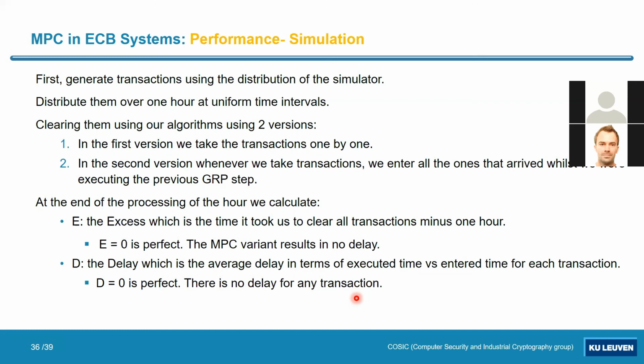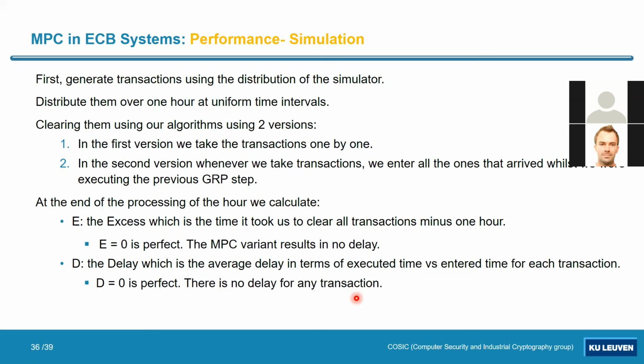And at the end, we calculate E and D. E stands for excess, which means the time that we need to clear all transactions minus one. And if we have E equal to 0, this is perfect, which means our result does not have any delay.